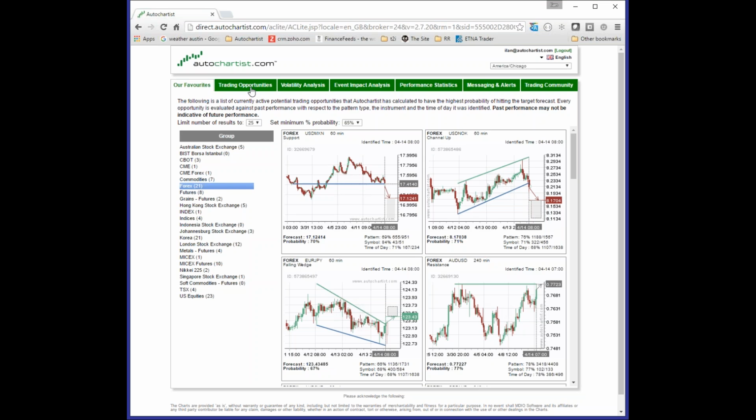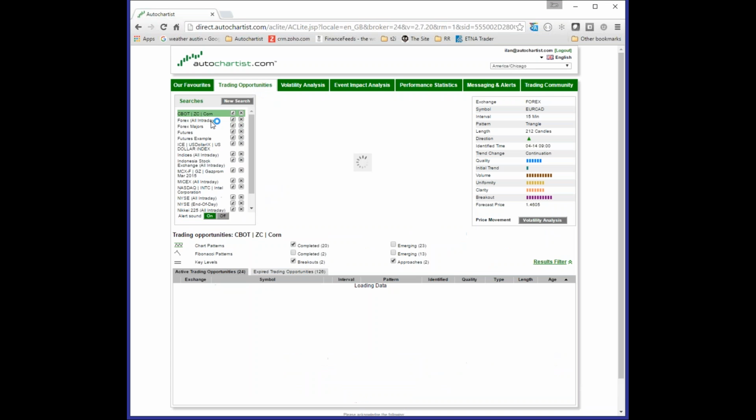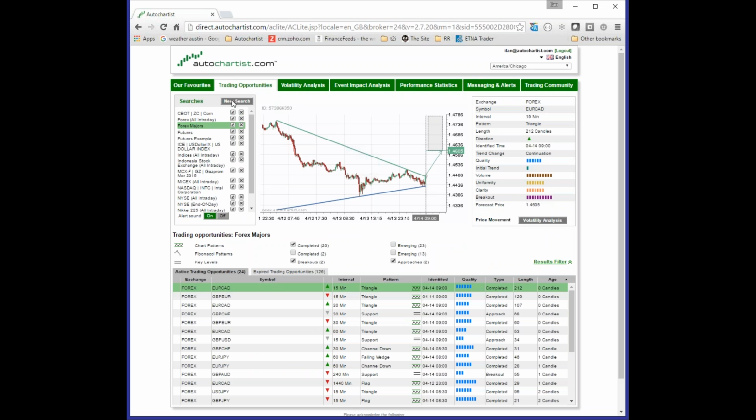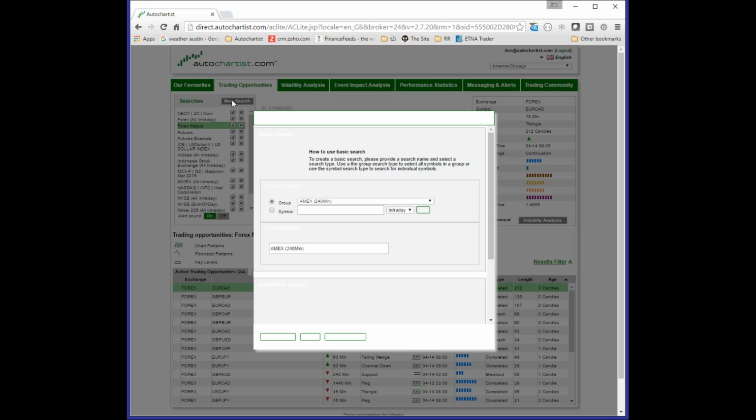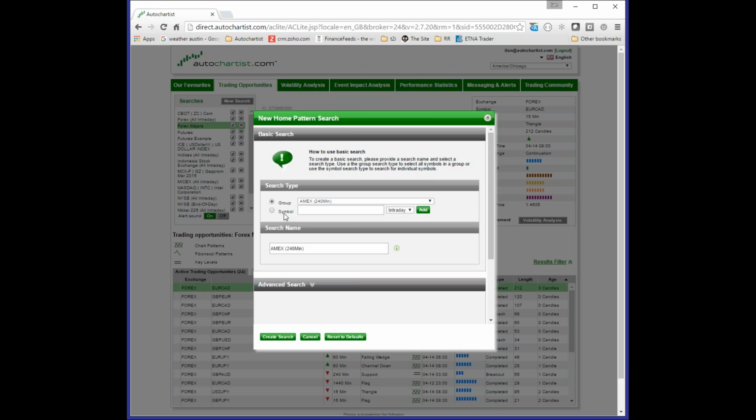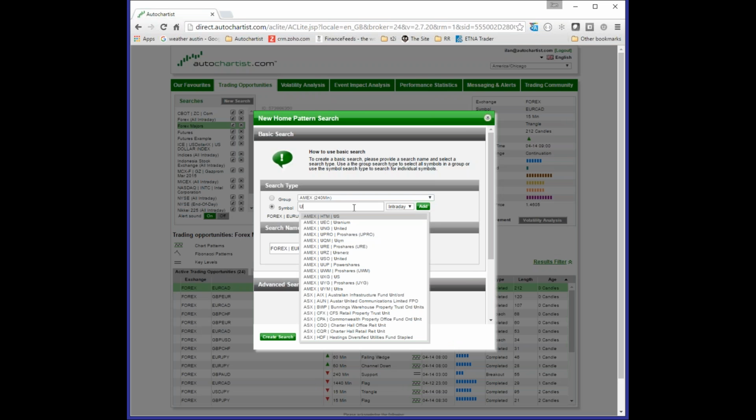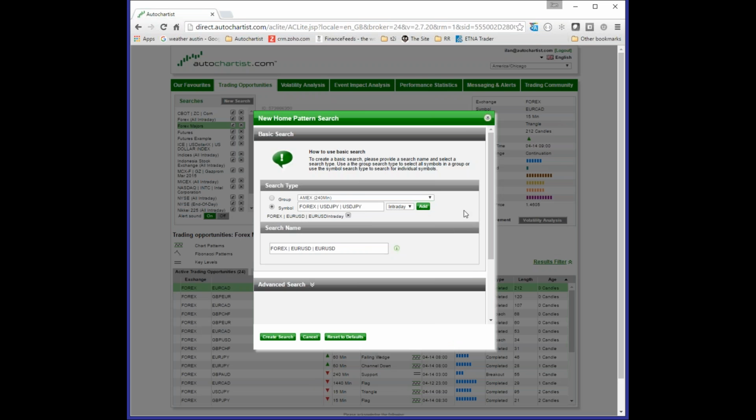So Dale, if you go into the trading opportunity section, you can create your own search criteria. If you want to search just for opportunities on Euro USD, you would click on New Search, and you can type in a symbol, for example, Euro USD, and let's just say we want USD JPY, and we search for those two.